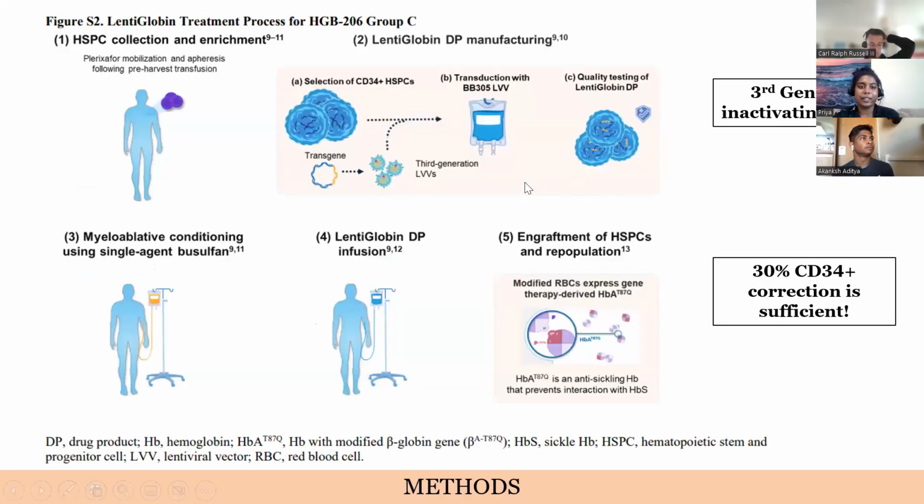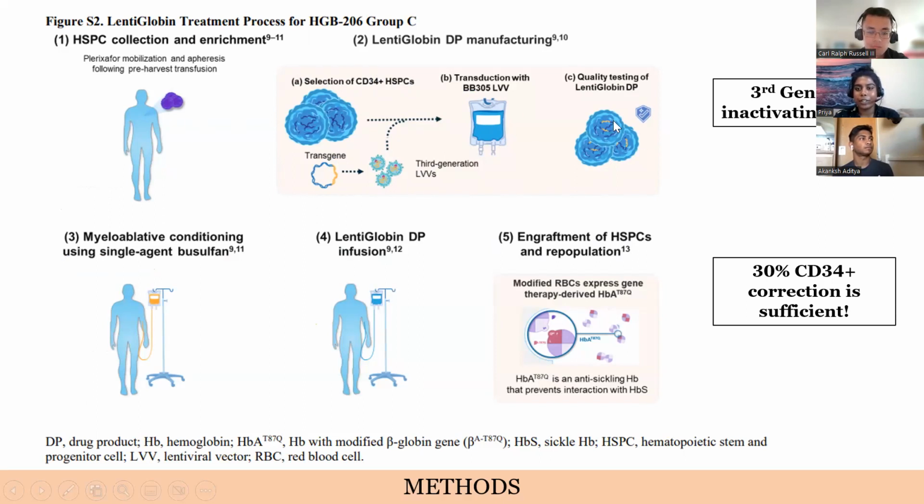So this is what they did, right? They did the pre-harvest transfusion, mobilized the cells using plerixafor and collected using apheresis. Then they isolate just the stem cells, which are CD34 positive. They transduce these cells using the lentiviral vectors, which have the gene that we want.